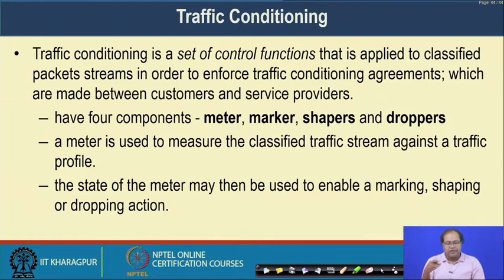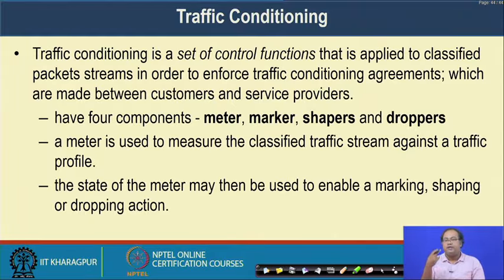Now, traffic conditioning is a set of control functions that is applied to a classified packet stream in order to enforce traffic conditioning agreements, like how your packet needs to be treated, which are made between the customers and the service providers. It has 4 components: meter, marker, shaper and dropper. A meter is used to measure the classified traffic stream against the traffic profile.